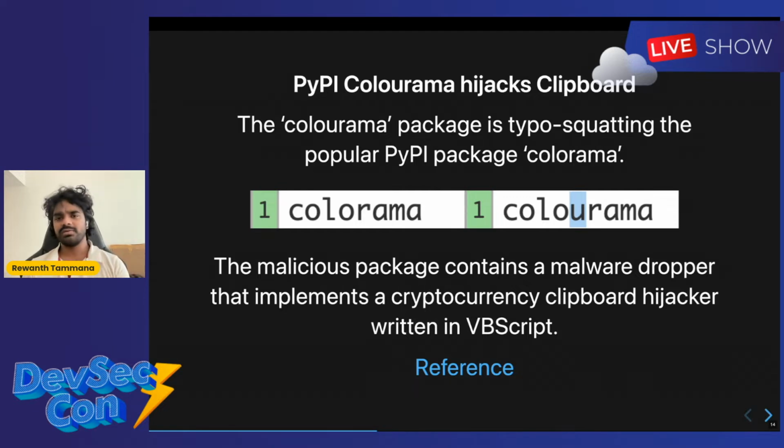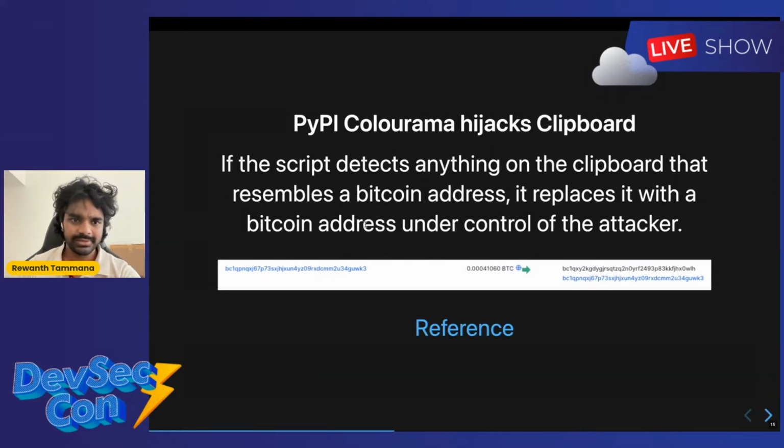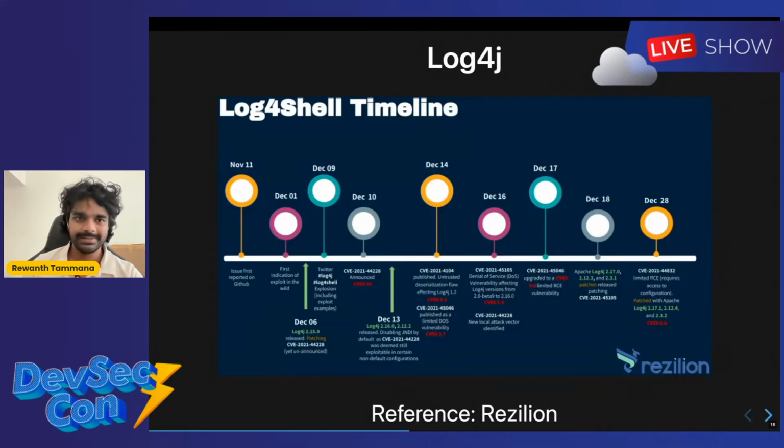Once you install this package, it will automatically install the malware on your system and try to copy your crypto wallet numbers. For example, it will replace the target's cryptocurrency value. So whenever you want to send money to your person A, it will replace it with the attacker's Bitcoin address. So you will never get to know, but the money will be transferred to the attacker's Bitcoin account. So this is also one of the hacks that happened.